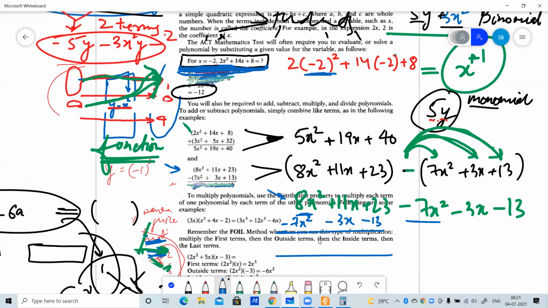So this would be 1x squared, and then 11 minus 3 would be 8x, and then 23 minus 13 will be 10. So it'll be x squared plus 8x plus 10. It's x, not n, right? Oops, I thought it said n.